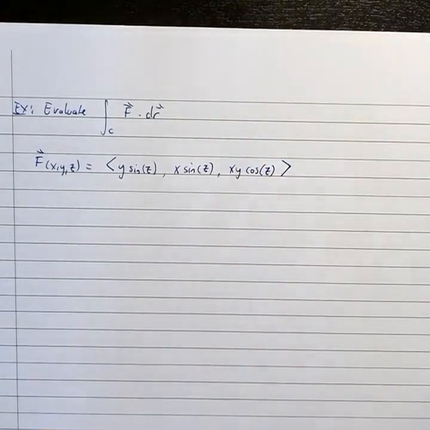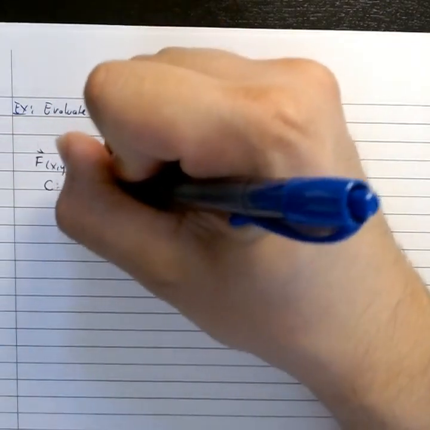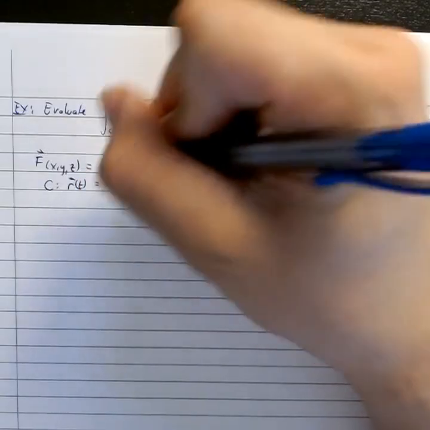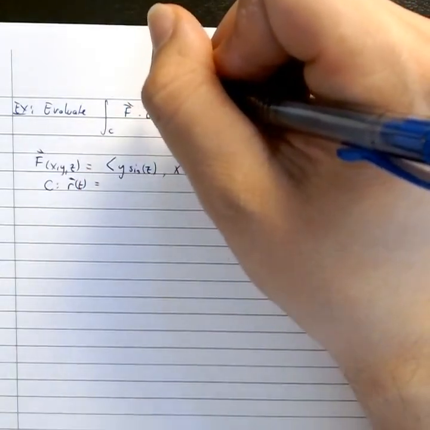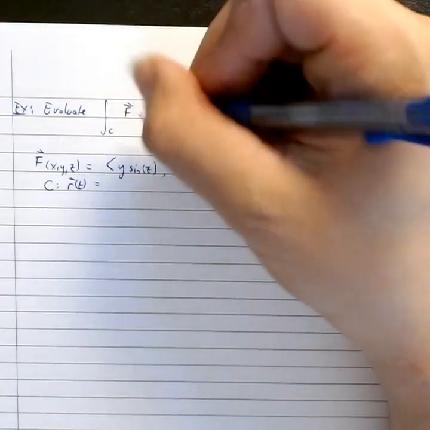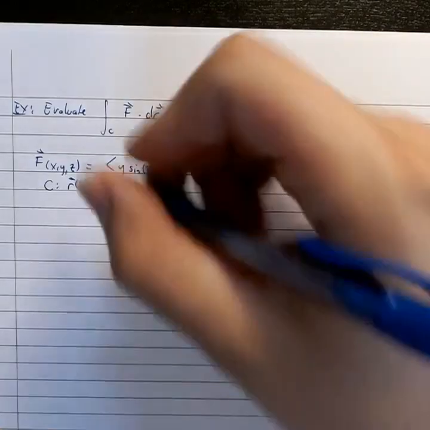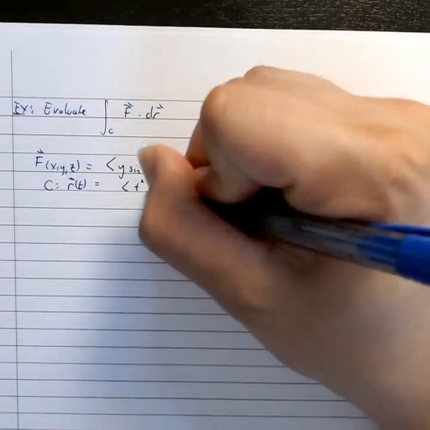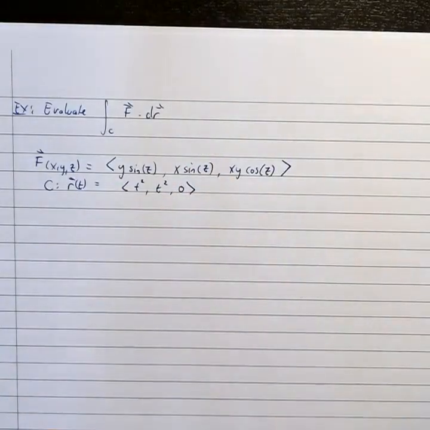And we're given a parameterization. C is given by r of t, which is t squared, t squared, 0, and our value of t is between 0 and 2.